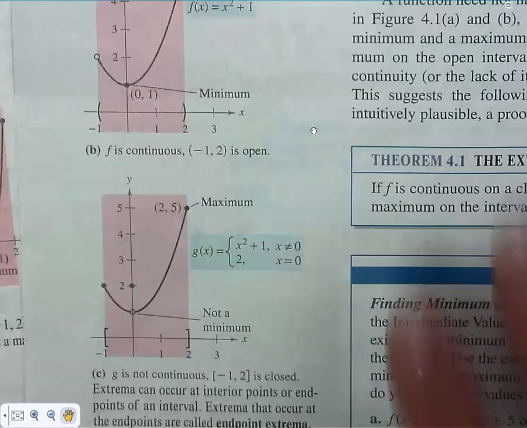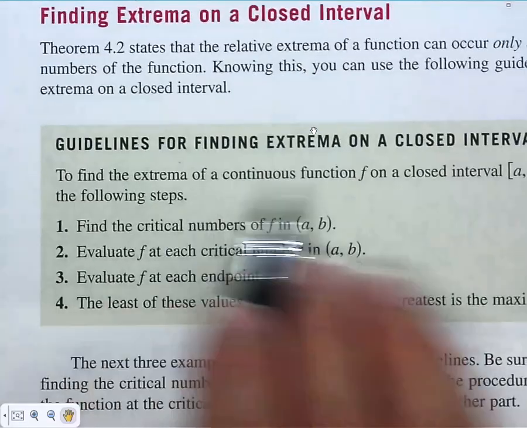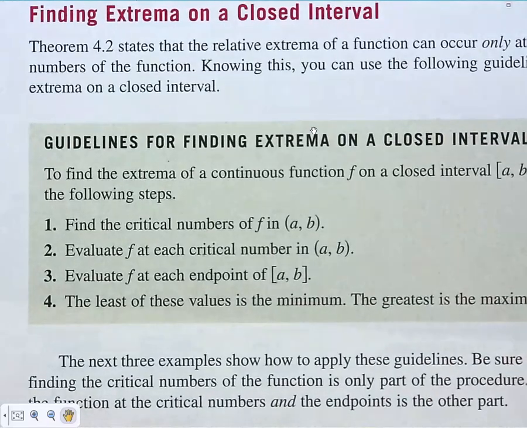Okay. All right, so the last thing I want to show you in the book is these guidelines for finding extrema on a closed interval. If you have a closed interval, there is going to be an absolute max and an absolute min. It may occur at a critical number, or it may occur at one of the endpoints.